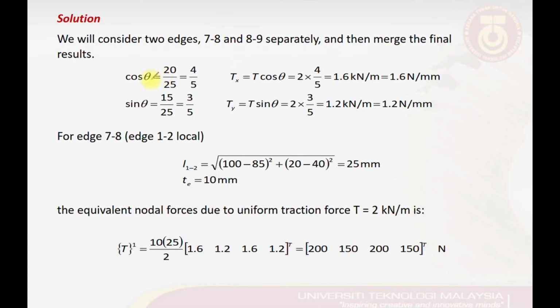For the angle theta, we can use the sine rule or cosine rule. If we take cos theta of 20 over 25, this is equivalent to 4 over 5, and sin theta of 15 over 25 is equivalent to 3 over 5.